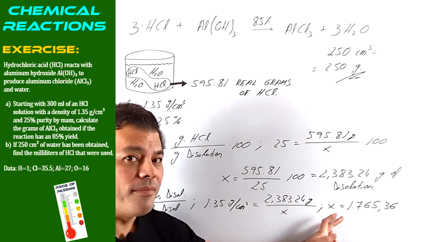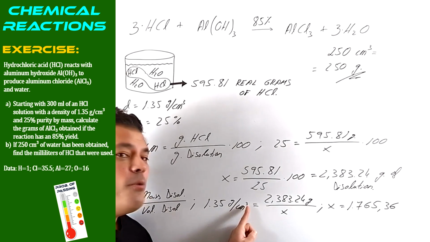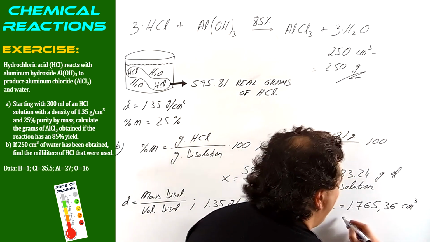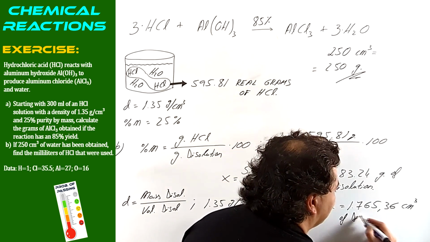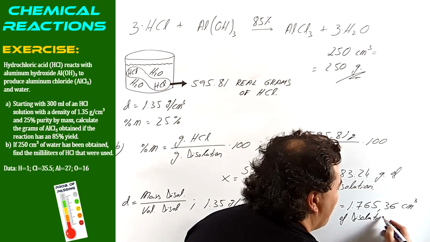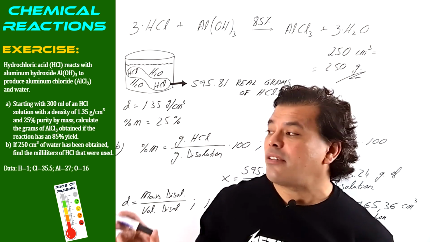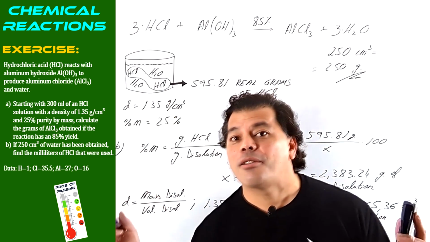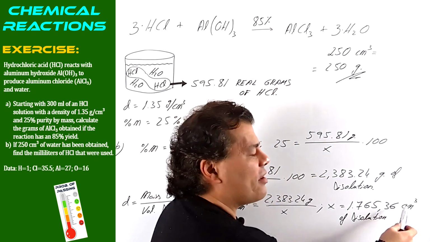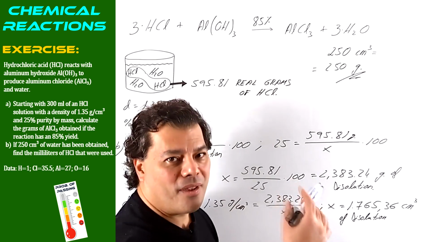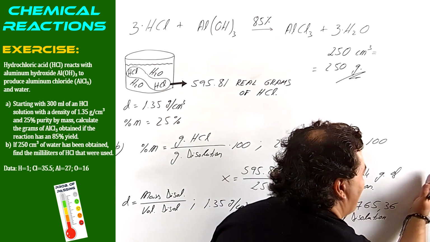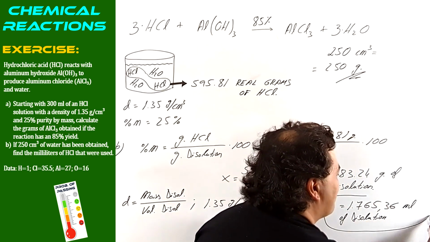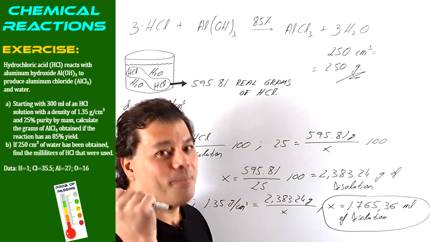This is volume, but it comes in cubic centimeters. Cubic centimeters of this solution. But as they are asking us to find the milliliters of the solution, good news, because cubic centimeters equals milliliters. So, as cubic centimeters equals milliliters, this is the solution of section B.